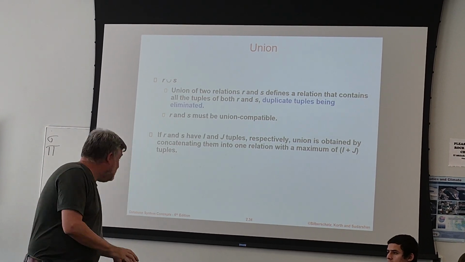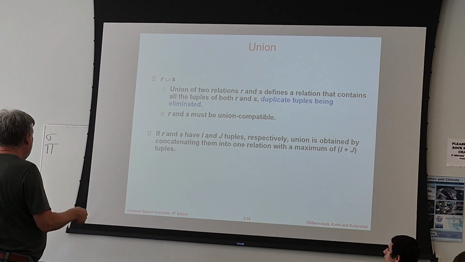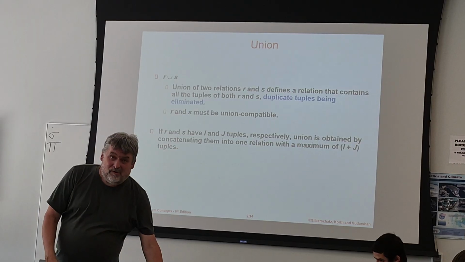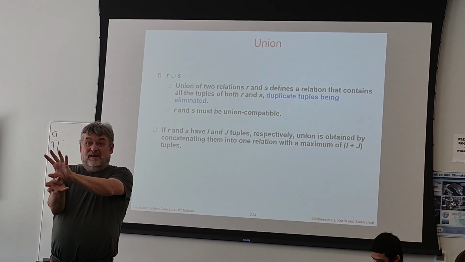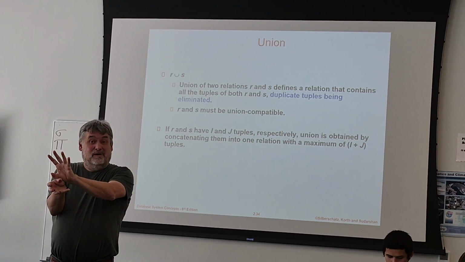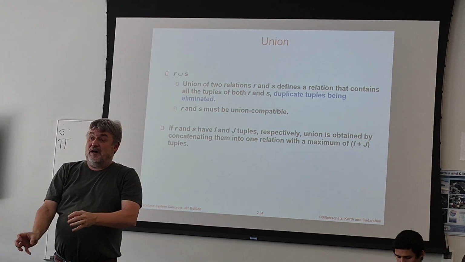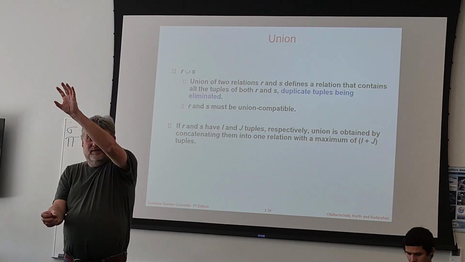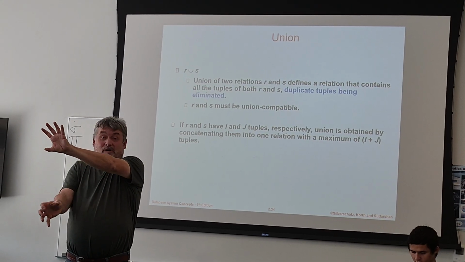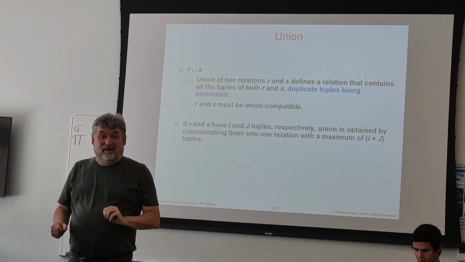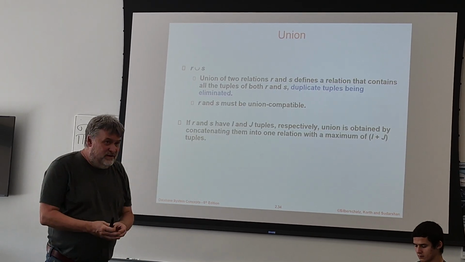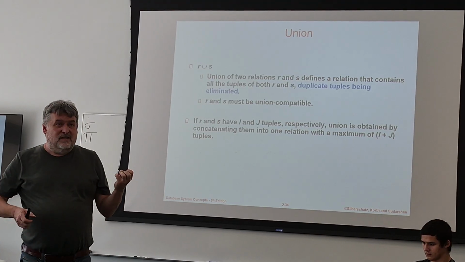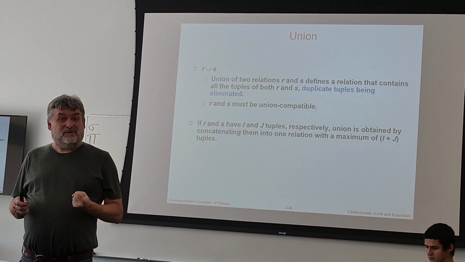And so when it says R and S must be union compatible, what it is saying is if you're going to join two tables vertically like this, they had better have the same number of columns, and those columns had better have the same domains. You're not going to be able to join an integer column to a Greek letter column, for example, right? So union is a little rarer just because it has more constraints on it.